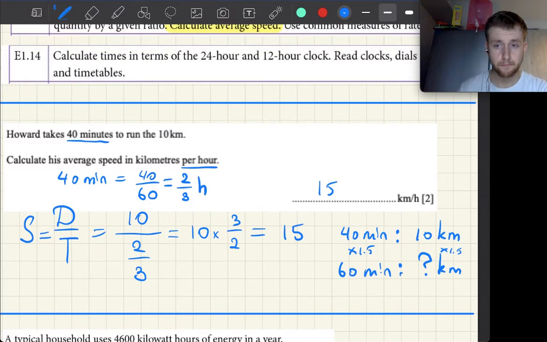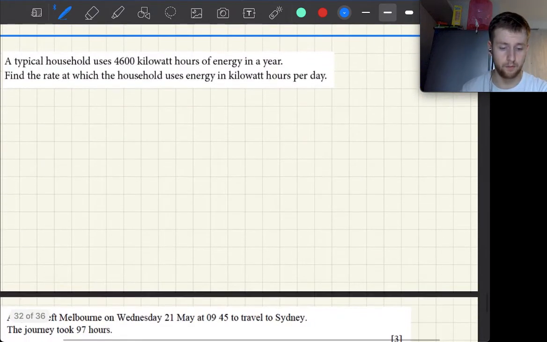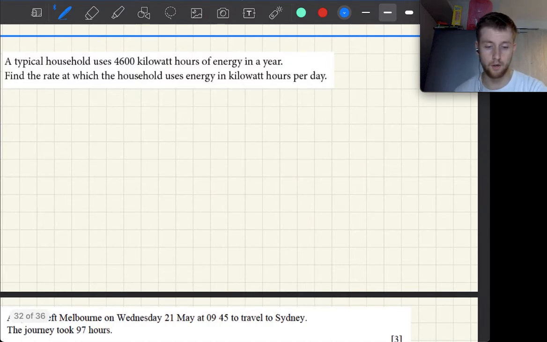Okay, let's do the next one. A typical household uses 4,600 kilowatt hours of energy in a year. Find the rate at which the household uses energy in kilowatt hours per day. So they use 4,600 kilowatt hours in a year. The question is, how many kilowatt hours do they use per day?